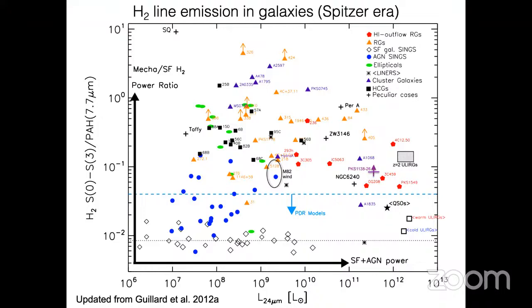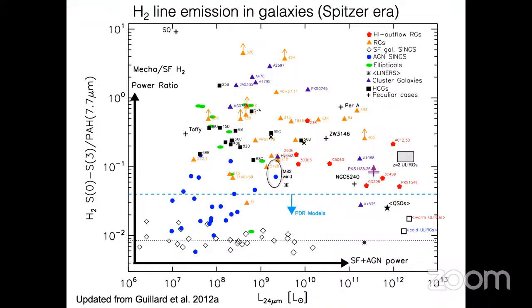And all of those galaxies that are above that line, and especially above that dashed line here, are galaxies in the parameter space where we cannot account for the H2 through PDR models. We need extra heating mechanisms like shocks or turbulent energy dissipation or cosmic ray heating. And those populations of galaxies are very diverse.